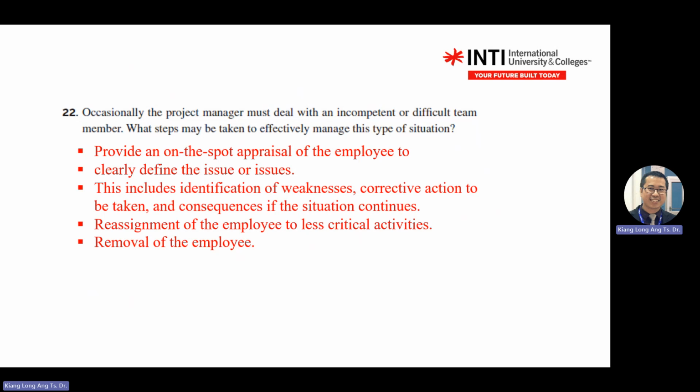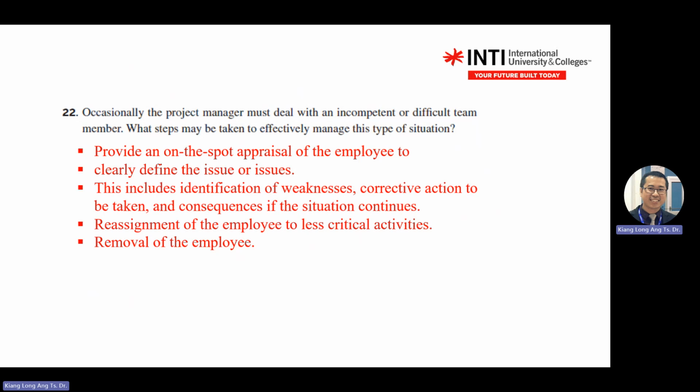Okay, but in the real scenario, it's very hard to remove someone. You can only reassign, because you want to work in that industry for many years, unless you want to leave the industry.